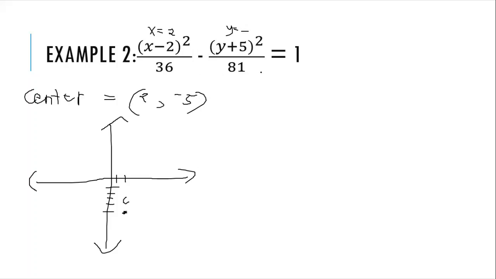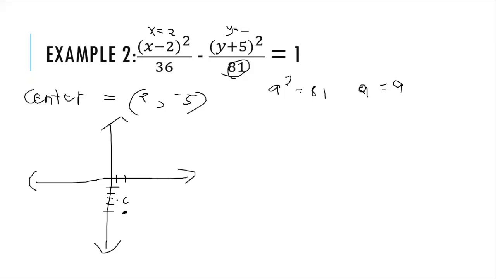Our A, saan ang mas malaki dyan? Si 81. Meaning, nasa kay Y axis po yung greater number. Okay po, A squared is equals to 81. A square root of 81 is 9.